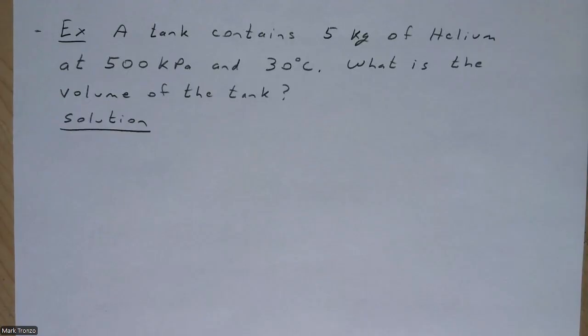Next, let's take a look at this problem. A tank contains 5 kilograms of helium at 500 kPa and 30 degrees Celsius. What is the volume of the tank? Now, remember, I forgot to mention, when we use the ideal gas law, temperatures have to be absolute.